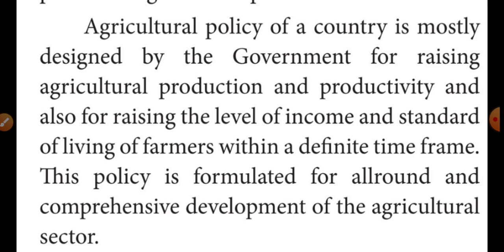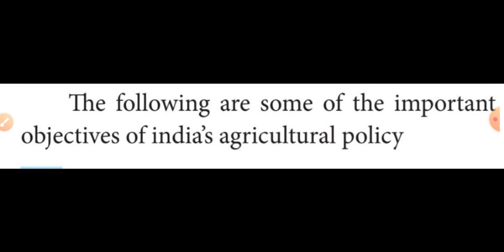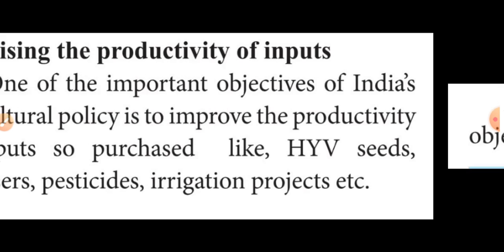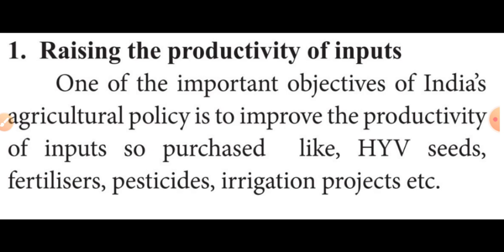Okay. Then some of the important objectives of agricultural policies are raising the productivity of inputs, raising value added per hectare, protecting the interest of poor farmers, modernizing agricultural sector, environmental degradation, and removing bureaucratic obstacles. Listen very carefully, students.